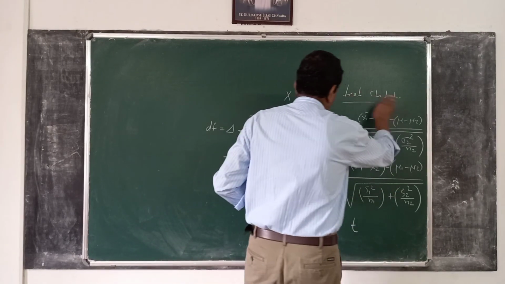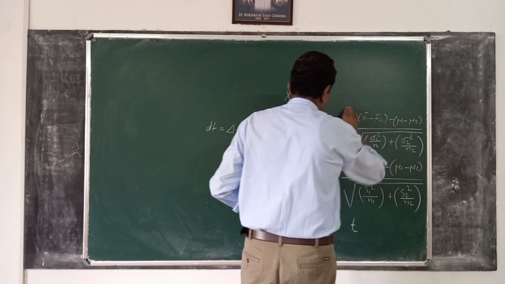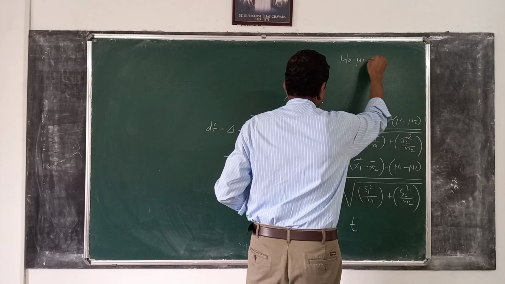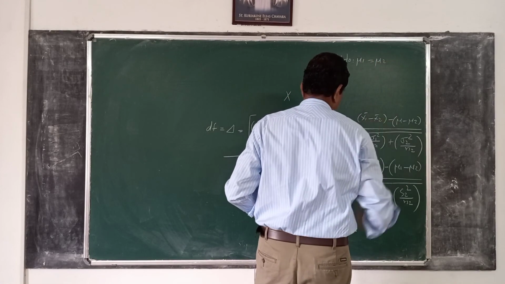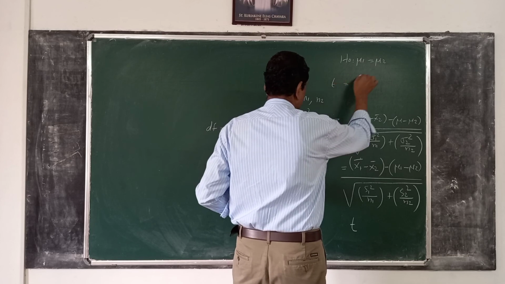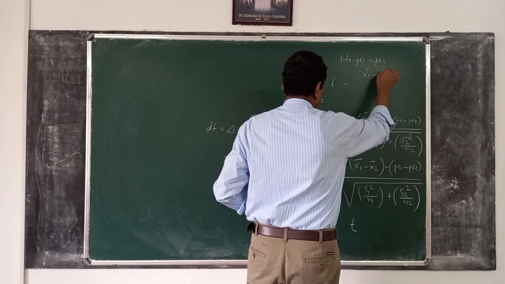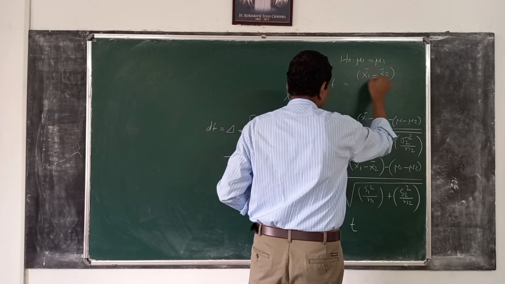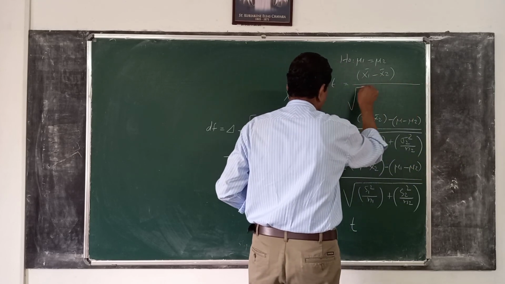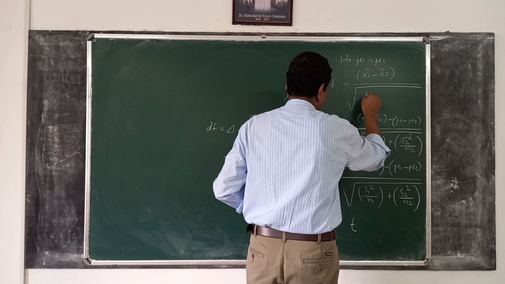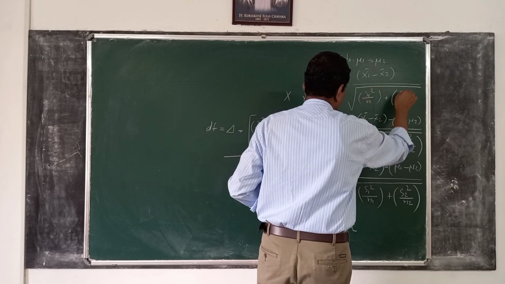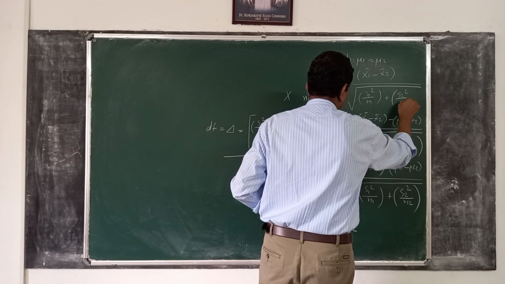Now, for the null hypothesis H0: mu1 is equal to mu2, this test statistic becomes x bar 1 minus x bar 2 minus 0, divided by root of s1 square by n1 plus s2 square by n2.